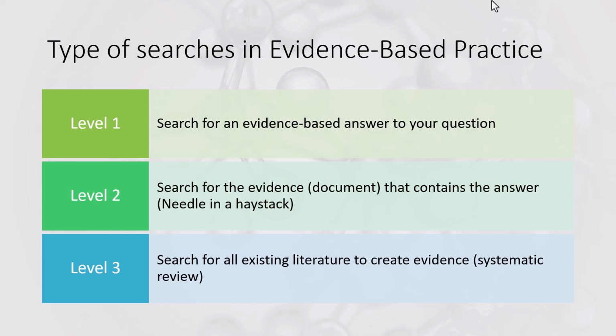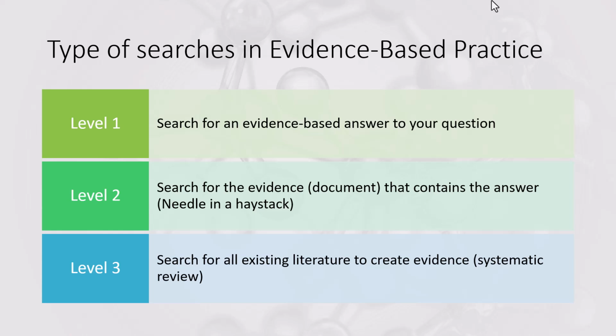We currently do not have a system to provide such a service. The nearest one we've got are large language models like ChatGPT, and they don't provide evidence-based answers, they provide answers. That is the level that is not much relevant to evidence-based practice. We hope that in the future we will have it, but currently we don't have such a system.